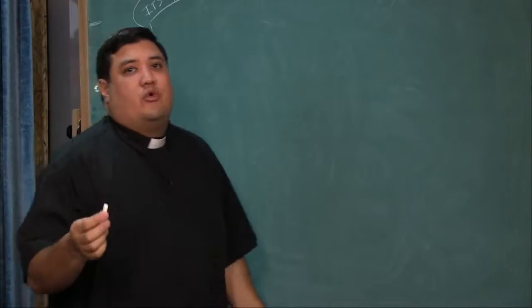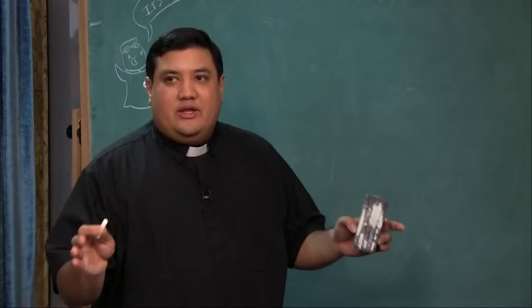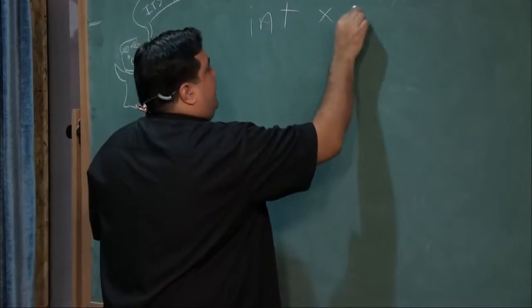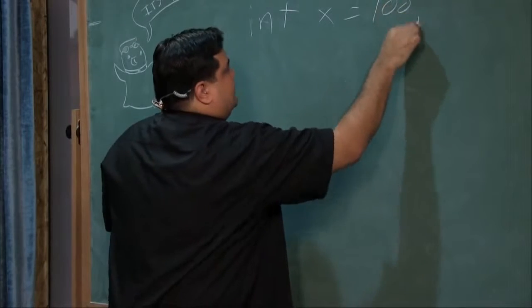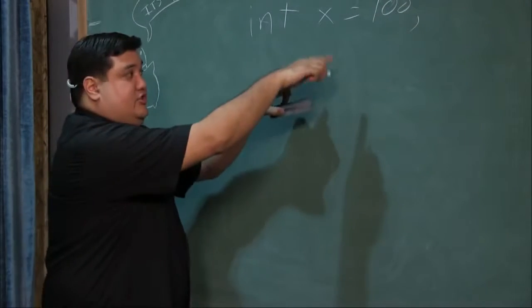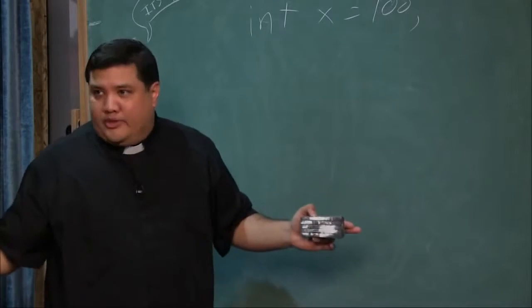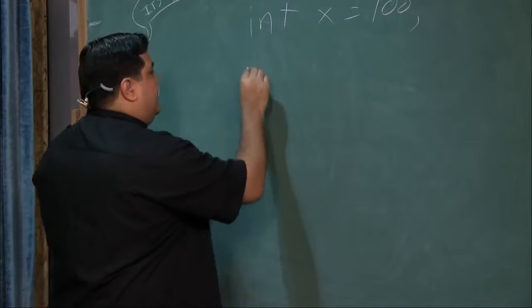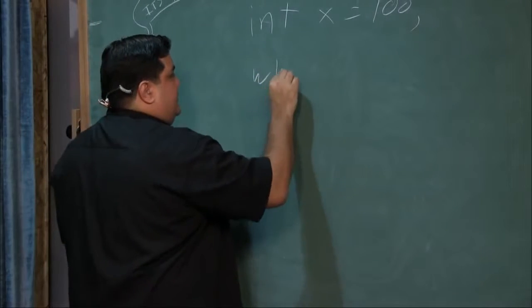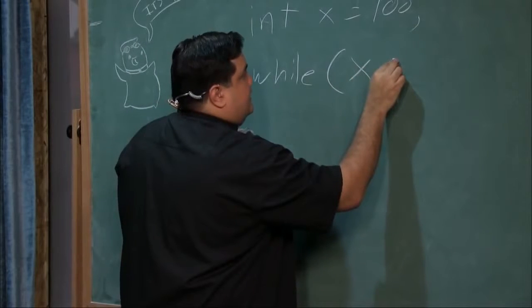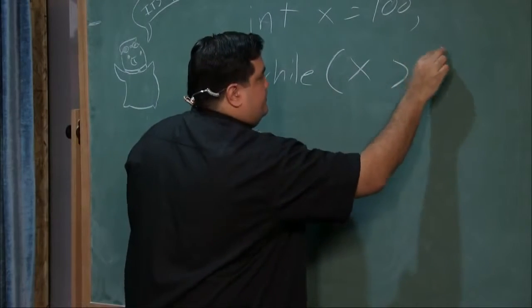The reason why is the for loop is a little bit different. The while loop had to have some sort of variable that was initialized outside of the loop, correct? Right, because remember, if we just use static numbers, the loop would either always run or never run. So we need to initialize a variable outside of the loop. Then we need to make the loop use that variable, x, say, greater than 0.